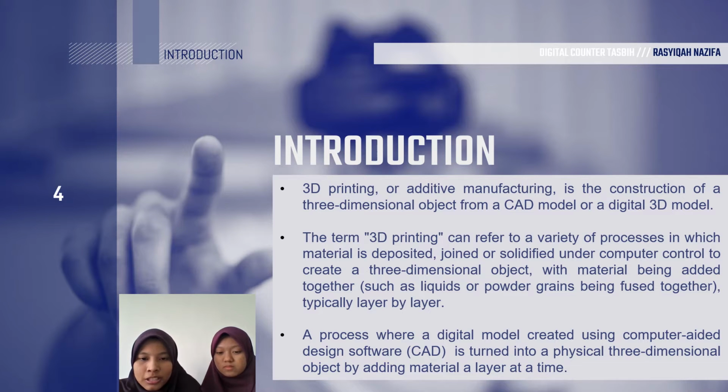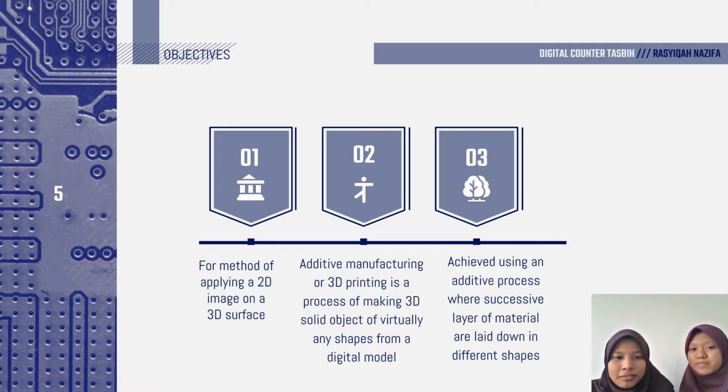Third, it is a process where a digital model created using computer-aided design software (CAD) is turned into a physical three-dimensional object by adding material a layer at a time. And our objective is, first, a method of applying a 2D image on a 3D surface.